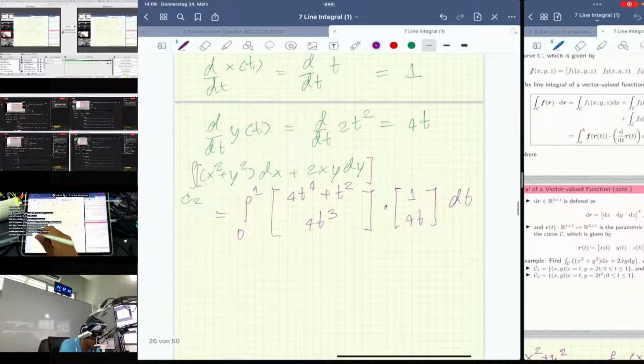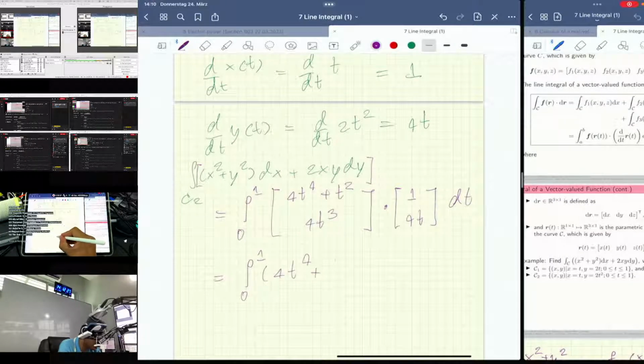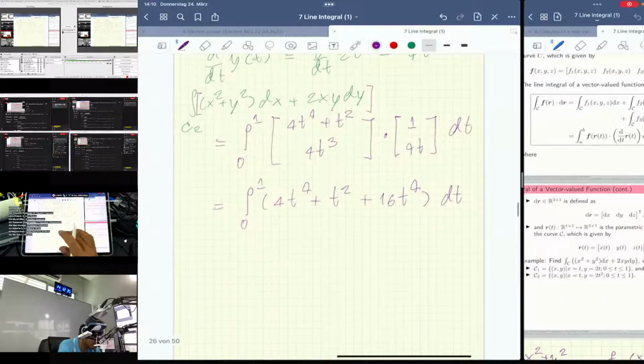All right, integration from 0 to 1, you have to multiply this and this. Get 4t to the 4 plus t squared plus 16t to the 4 dt, and the integration here you have 4 by 5.